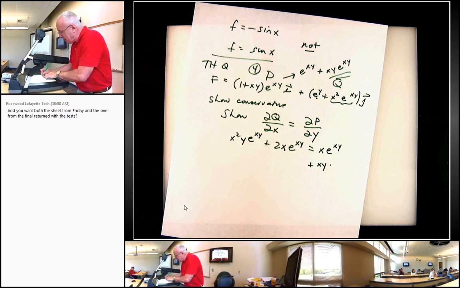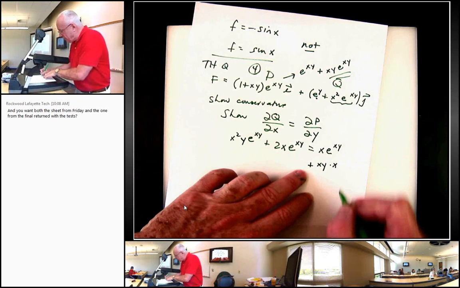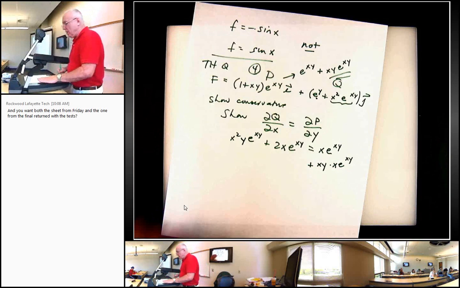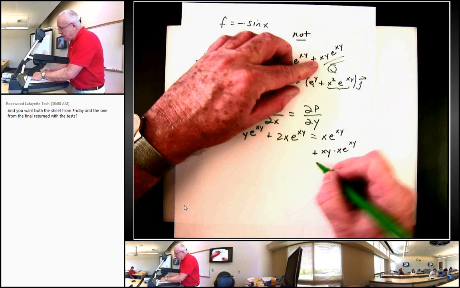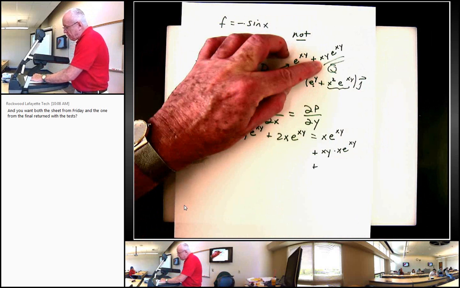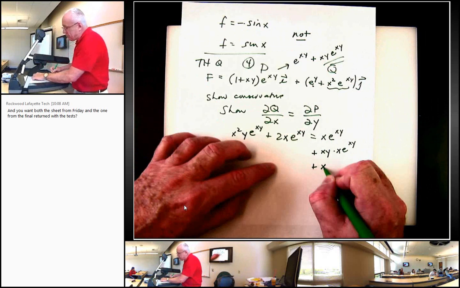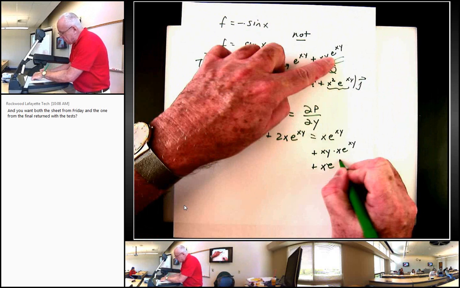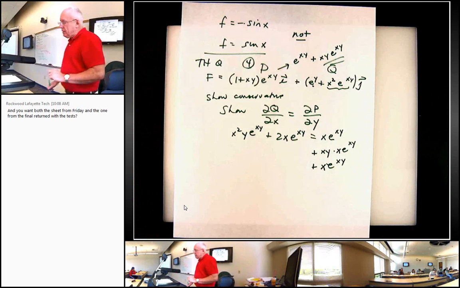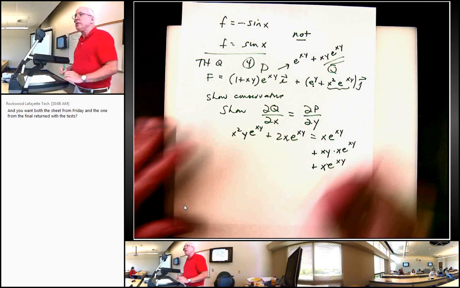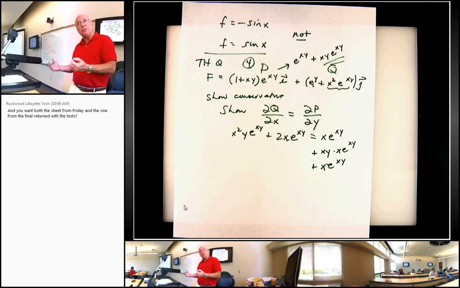So that's going to give us another x down below, x e to the xy. And then plus the derivative of xy with respect to y, that's just an x times e to the xy. And we get the same thing on both sides. These two add up to this, that equals that. So we've shown it's conservative.